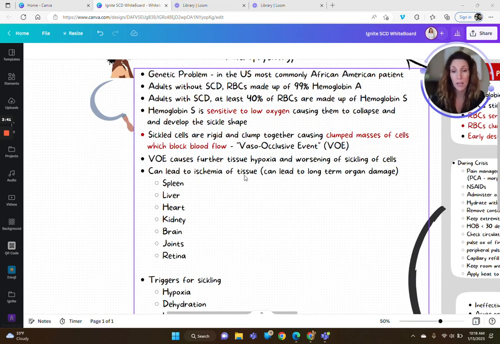The sickled cells are rigid, and they don't pass through the vessel easily, and then they get stuck together and cause clumps, and this can occlude the blood from passing through the vessel.